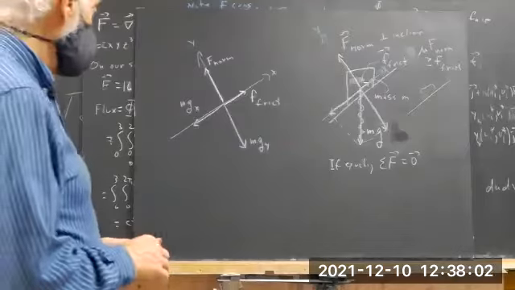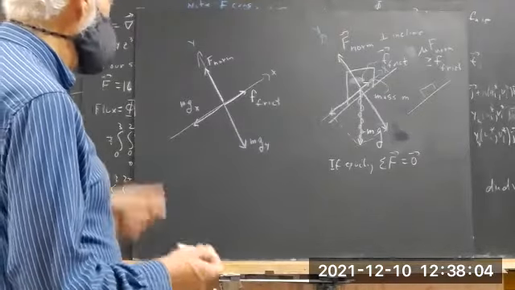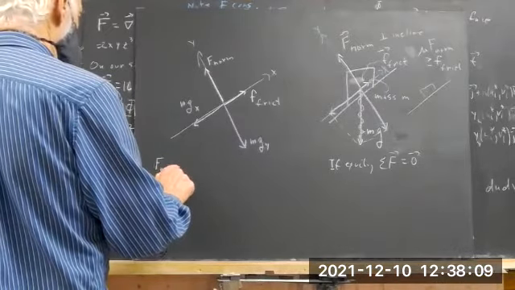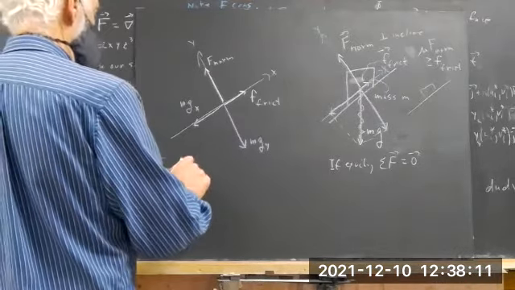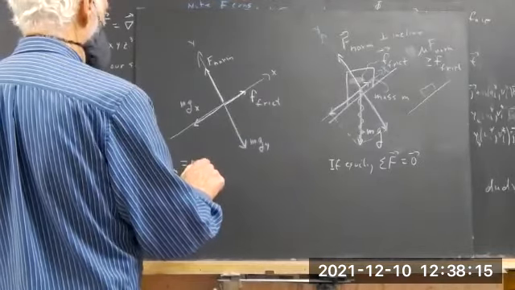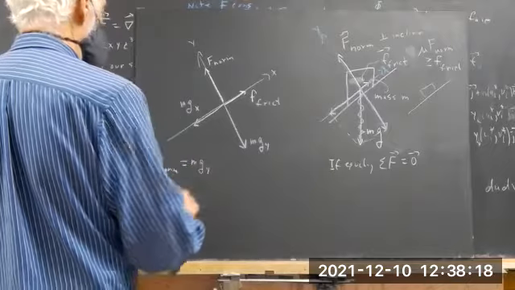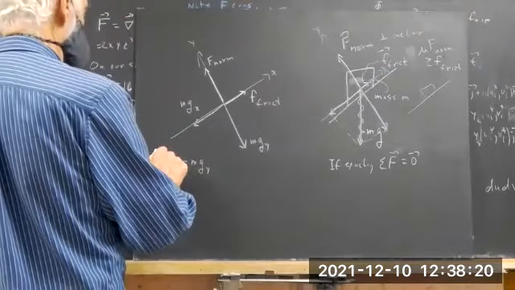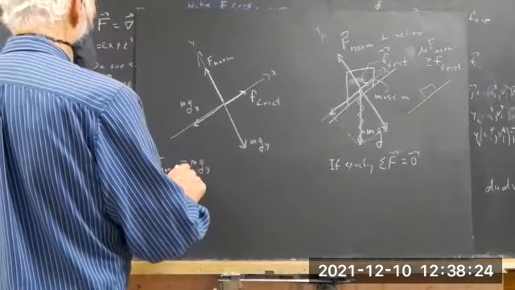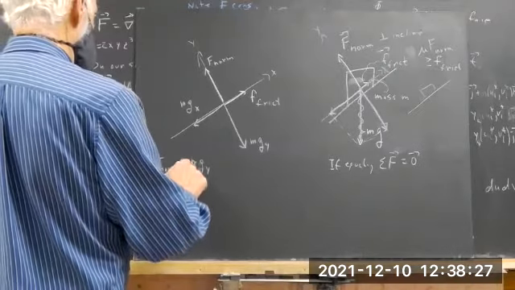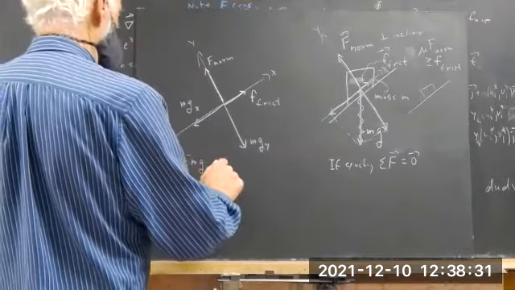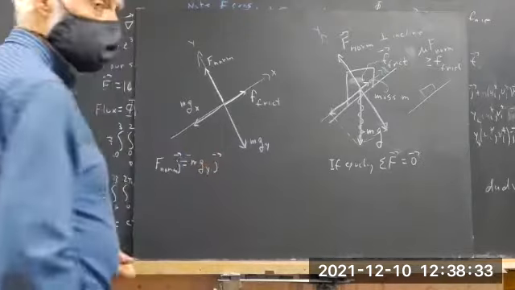So what we then say is that the normal force equals mgy, or the normal force times your J vector is negative mgy times the J vector.